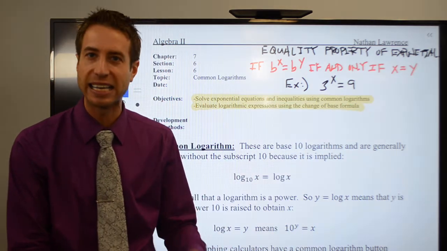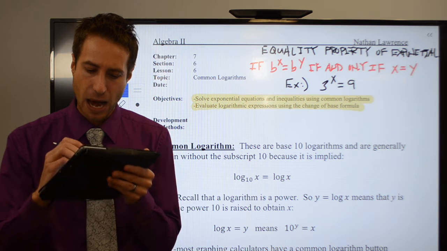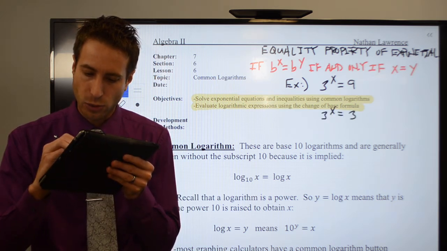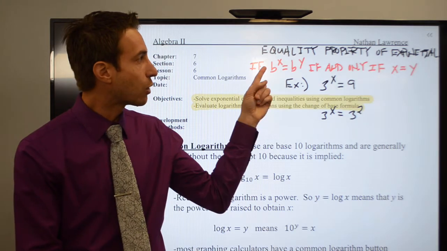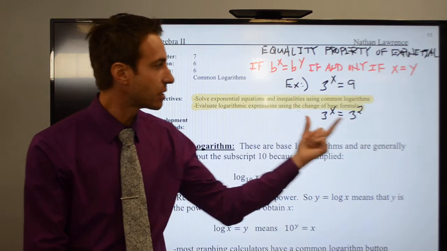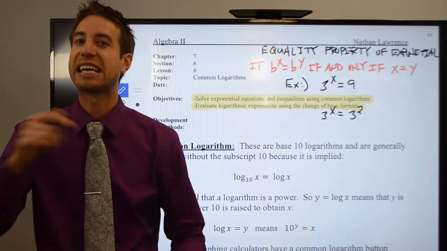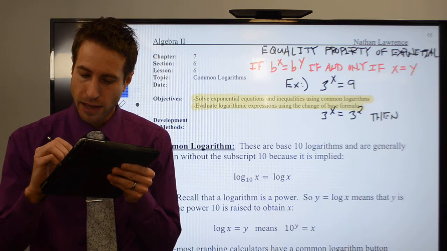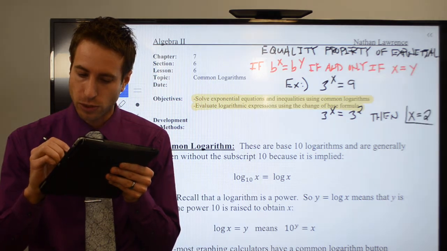I know that 9 is 3 to the second power. So I would rewrite this as 3 to the x is equal to 3 squared. And then my equality property of exponentials says as long as the bases are the same, I can set the exponents equal to each other. Then x is equal to 2.